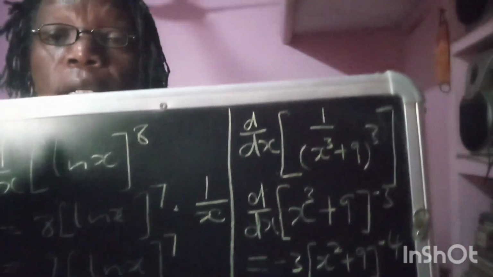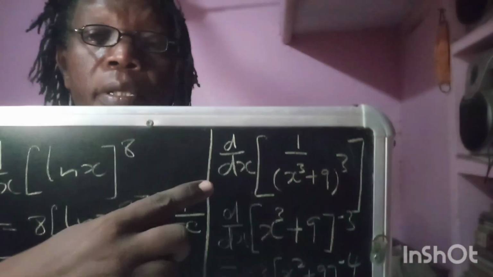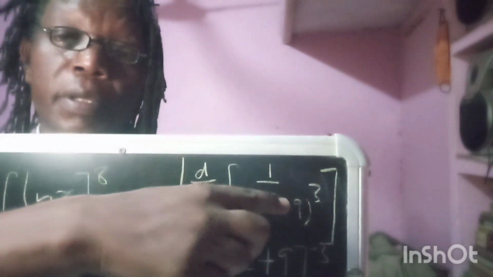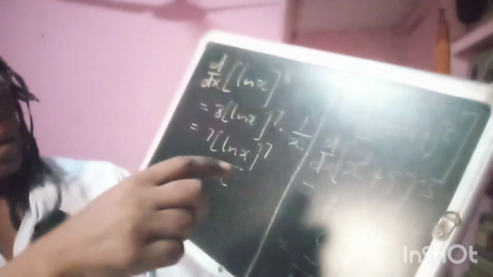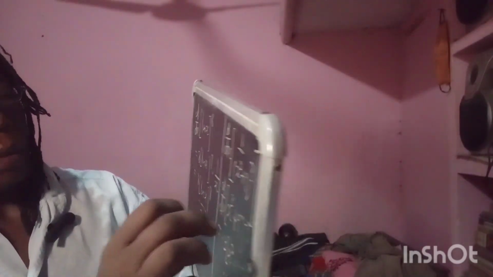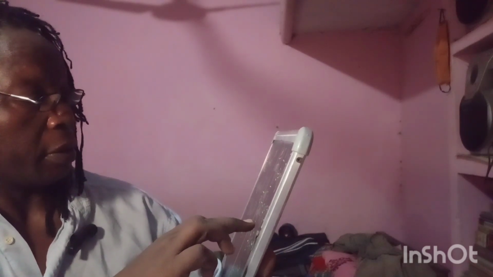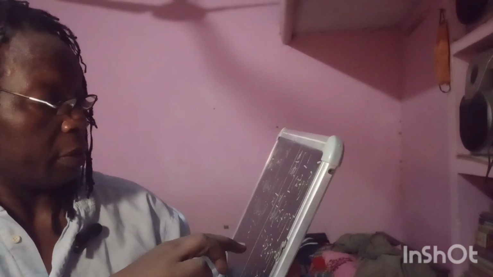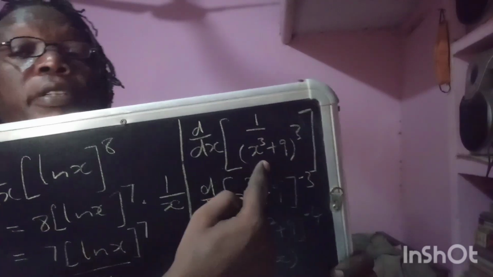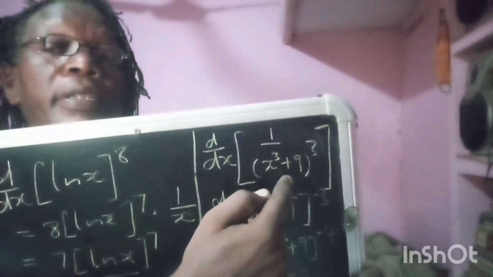So let's move to the next one, which is this one: d over dx of this. You can see it's like a fraction here.